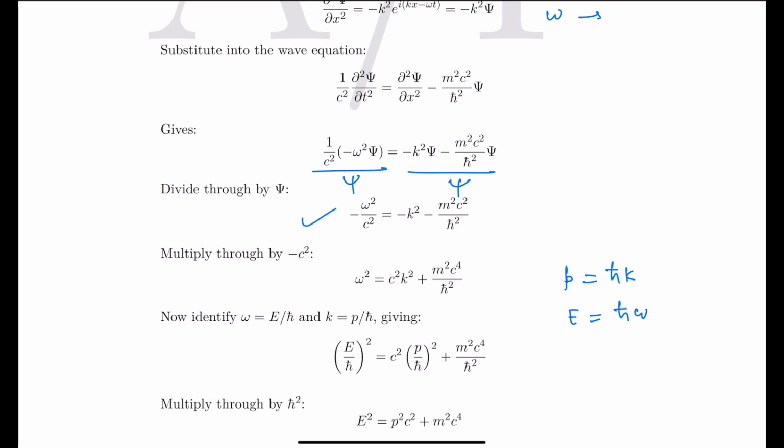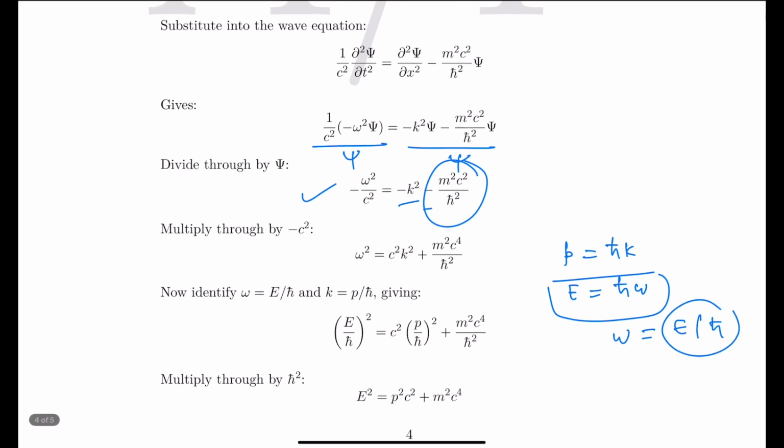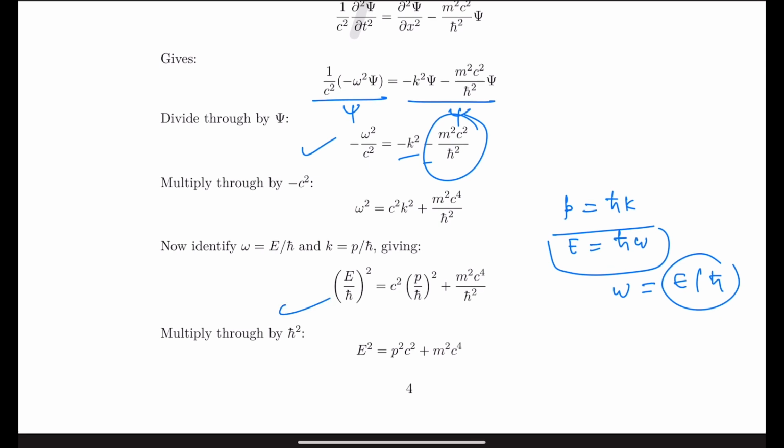So we get minus omega square by c square equals minus k square minus m square c square by h bar square. Now we know that energy is h bar omega, so omega is E upon h bar. We substitute the same here, and the same thing for k as well, where k is p upon h bar. When we simplify it, we get E square equals p square c square plus m square c to the power 4.